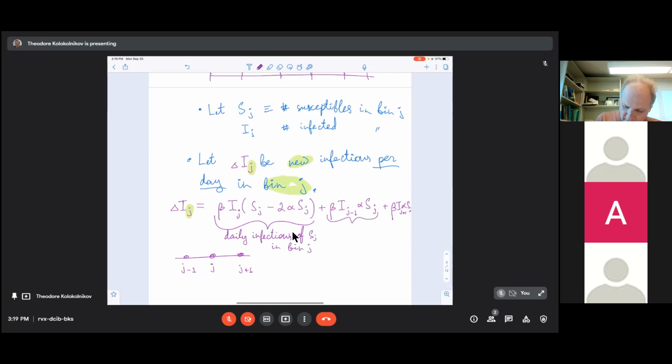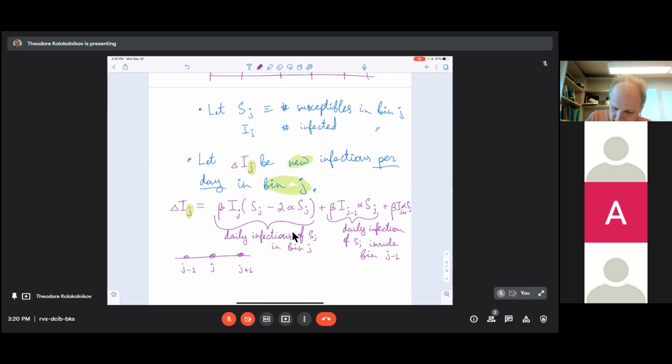And this term here is the daily infection of S_j inside the bin j minus 1.